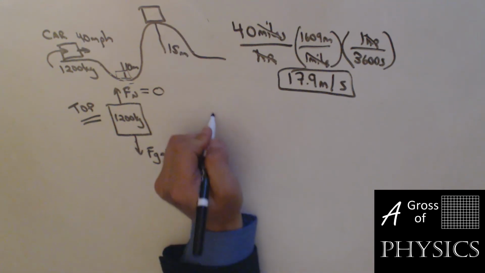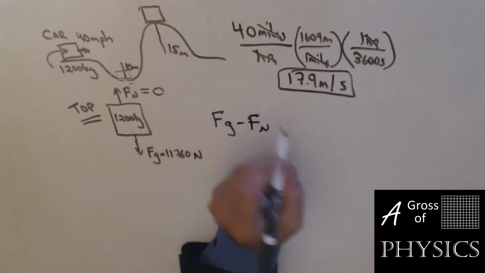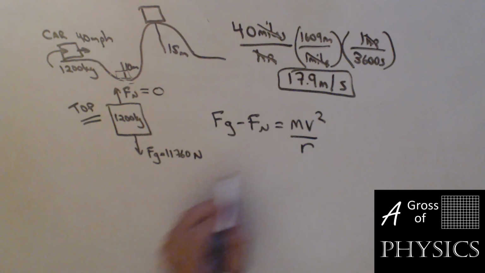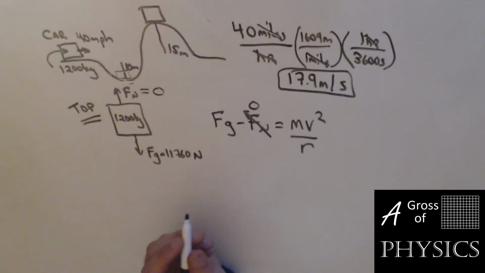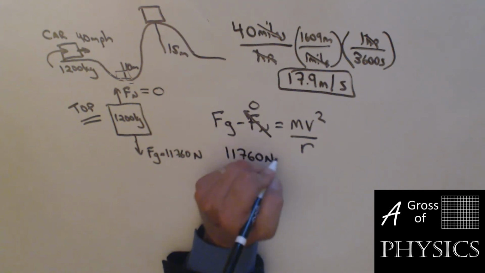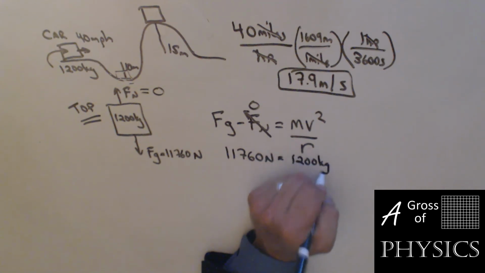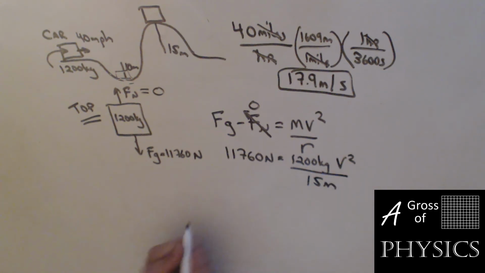In this case, Fg minus Fn, because Fg was towards the center, equals mv squared over r. And we're going to say the normal force approaches zero, so that term disappears. So it simplifies to 11,760 equals 1,200 v squared over 15 meters. And we could solve for v.